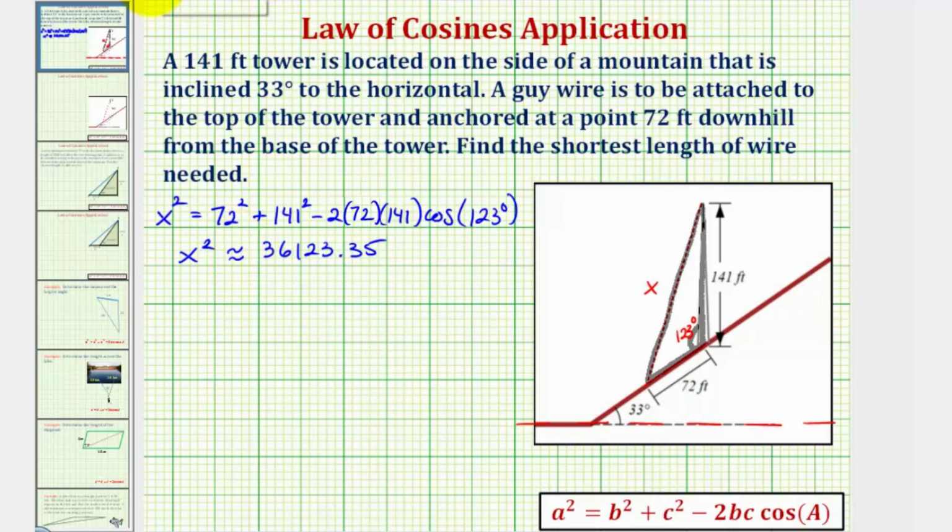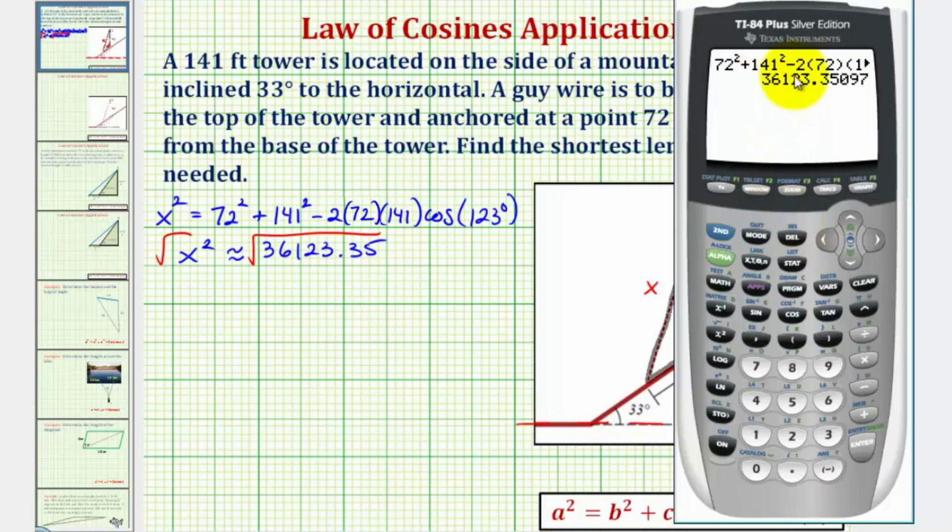And now to find the length of x, we'll take the square root of both sides, and we're only concerned about the positive square root because x is a length. So let's go back to the calculator one more time. Since we already have this value in here, since taking the square root is equivalent to raising it to the 1/2 power, we could just press the exponent key and then enter the exponent of 1/2 and then press enter.